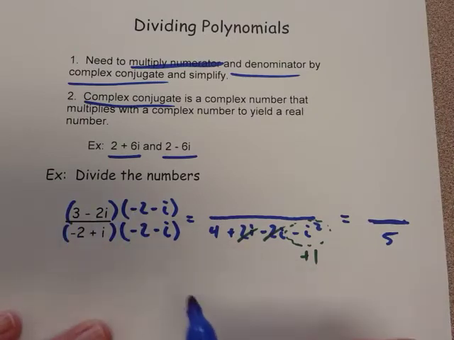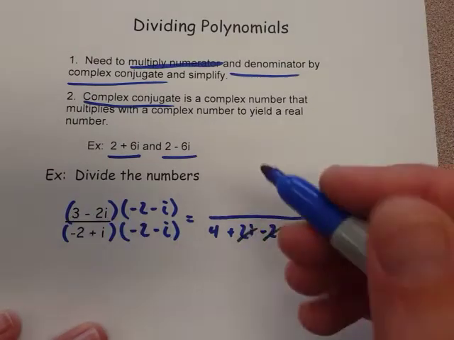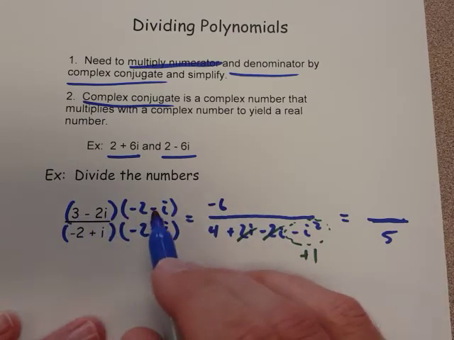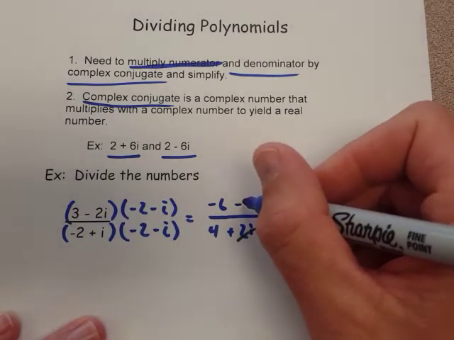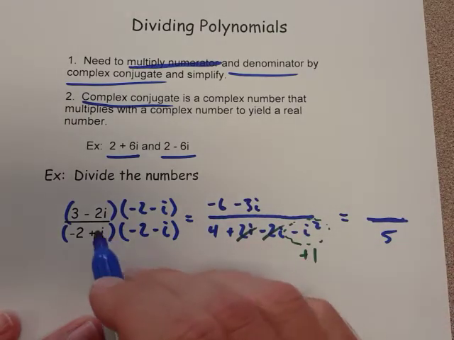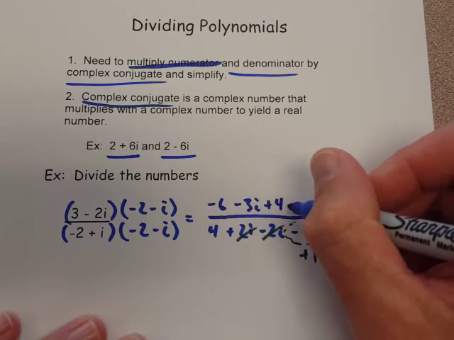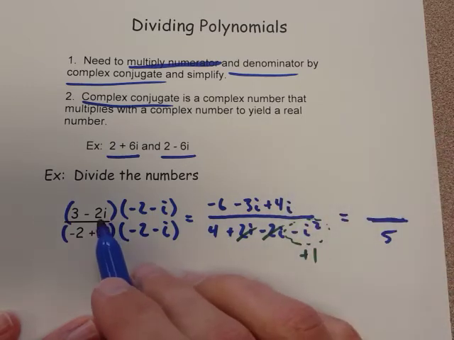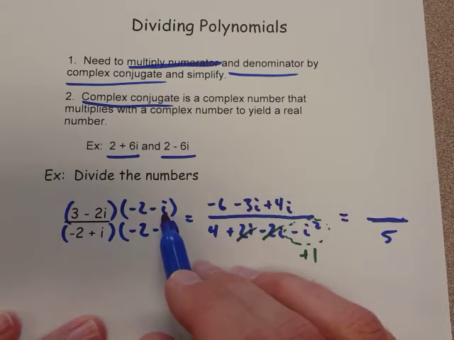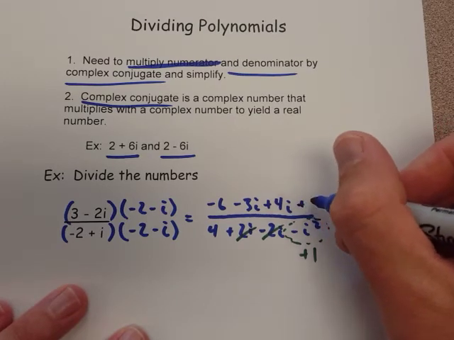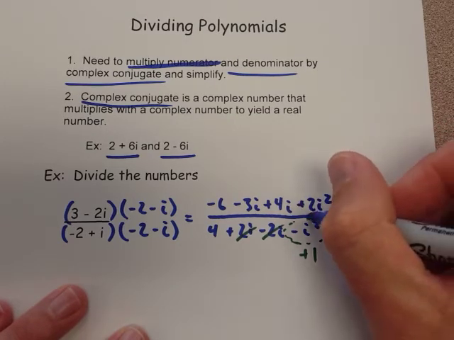It's, again, going to be foiling, so we've got 3 times negative 2 is negative 6. Then 3 times negative i is negative 3i. Negative 2i times negative 2 is plus 4i, and then finally negative 2i times negative i is going to be plus 2i squared.